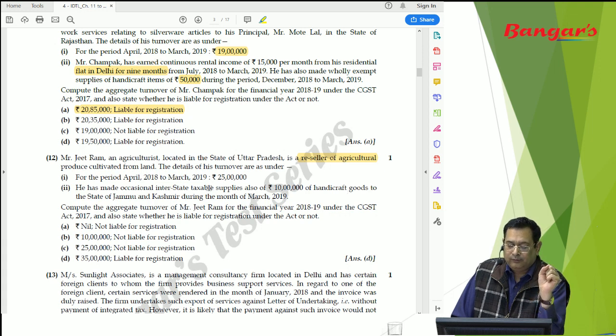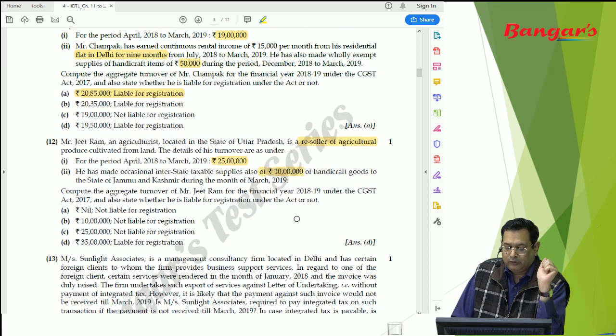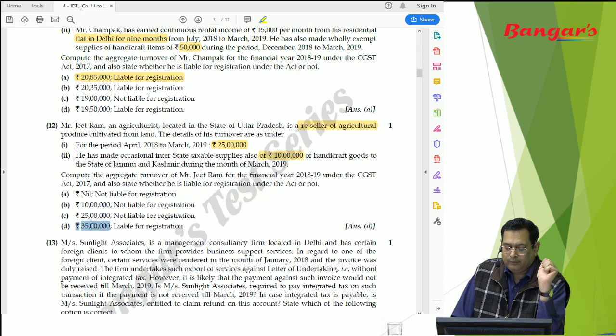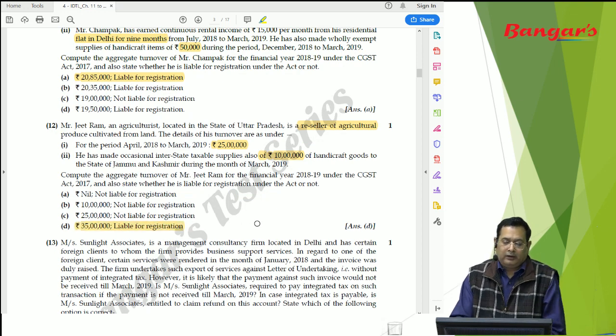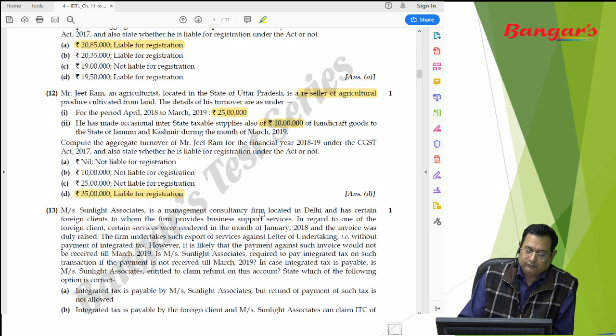So his turnover during the period, April to March 19, is 25 lakhs, and he has made interstate taxable supplies of 10 lakhs also of handicrafts goods. So his total turnover will be rupees 35 lakhs, and he will be liable for registration.